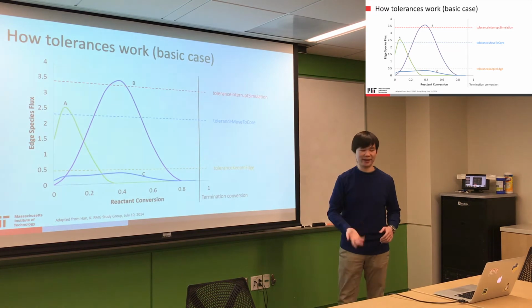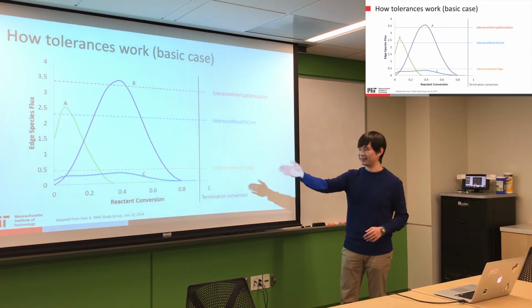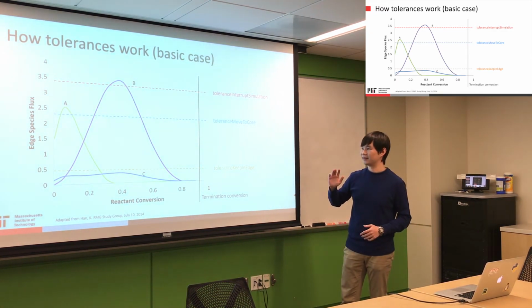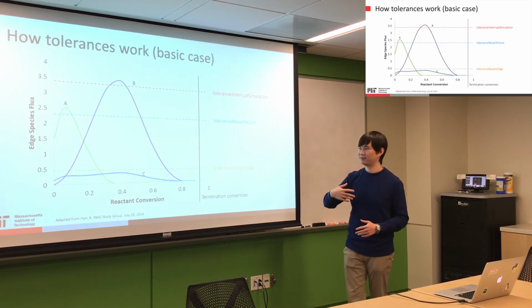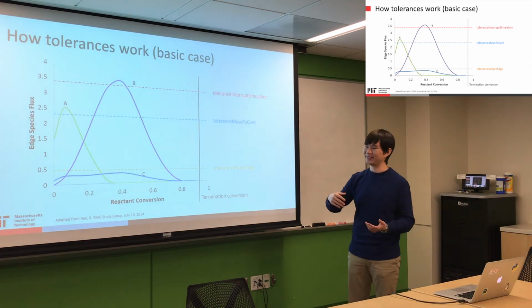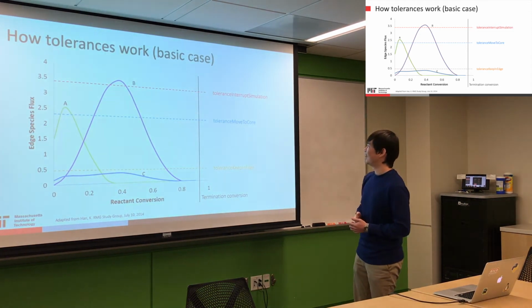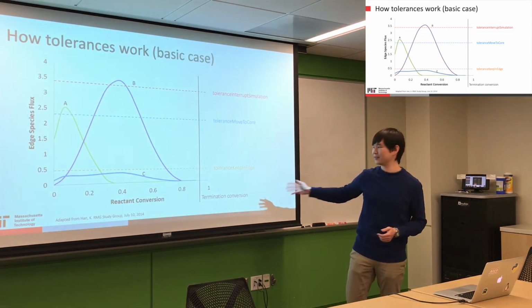And along the way, it will check at each time step the fluxes to all these edge species, or in other words, through an edge reaction, and compare them to these tolerances.